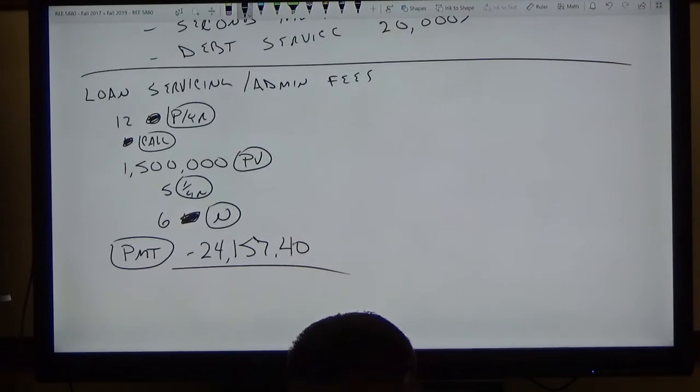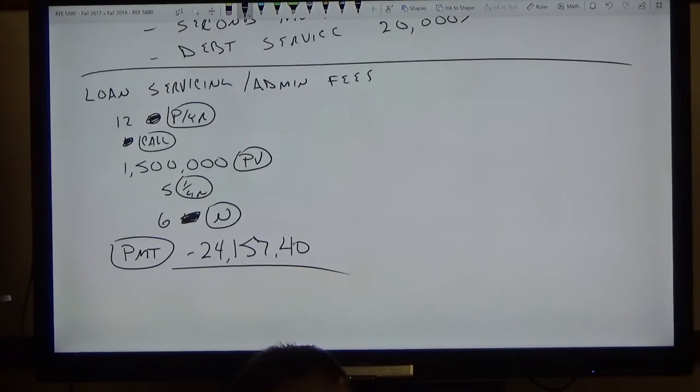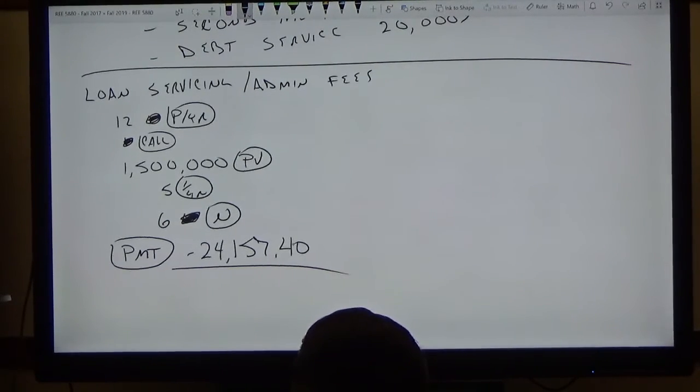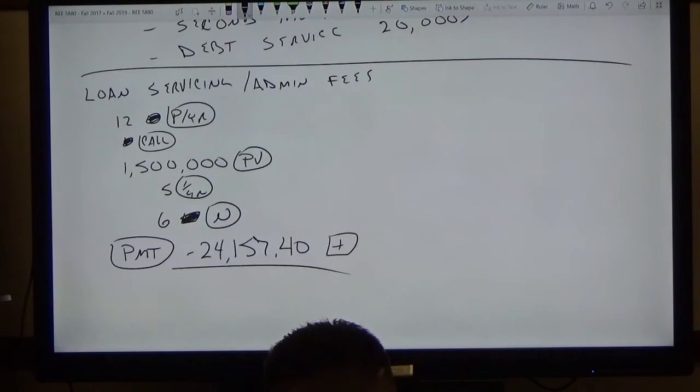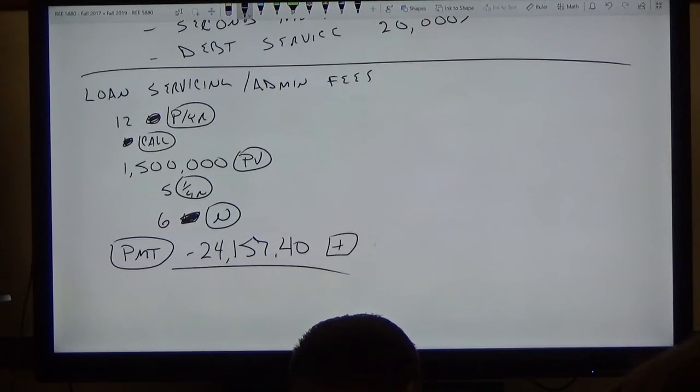All right, so what we're going to do is, if this loan is held to maturity, meaning it's not paid off early, then all you're really doing is basically adding whatever that administrative fee is to your payment. So in other words, in this case, we will be adding $250. Make sure you change the sign.